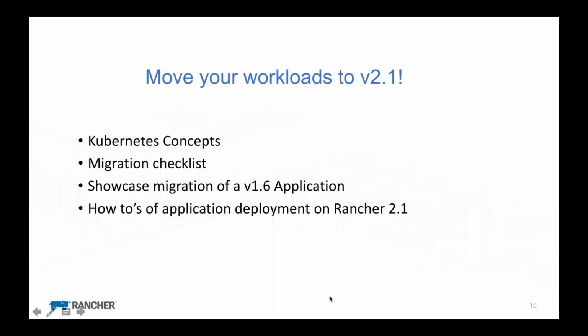And then we will dive into demoing a sample 1.6 application being migrated to v2.1. I'll be taking the Docker Compose config files of this application and showcasing how they can be converted to Kubernetes YAML. While we are showcasing this, we will be switching back and forth between the slides and the demo as we proceed.